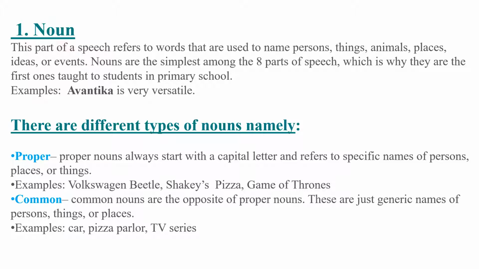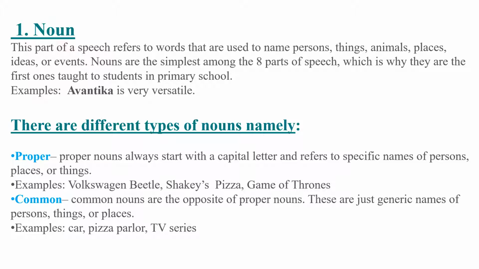So there are different types of nouns. Let us see each one by one. First is proper noun. Proper nouns always start with a capital letter and refer to specific names of persons, places or things. For example, whatever is your name, you always write your name with a capital letter because your name is a proper noun.